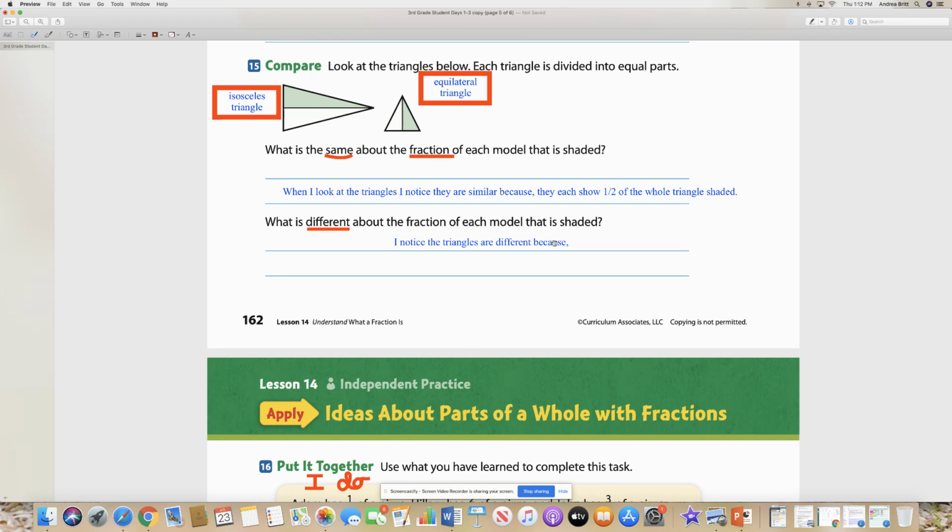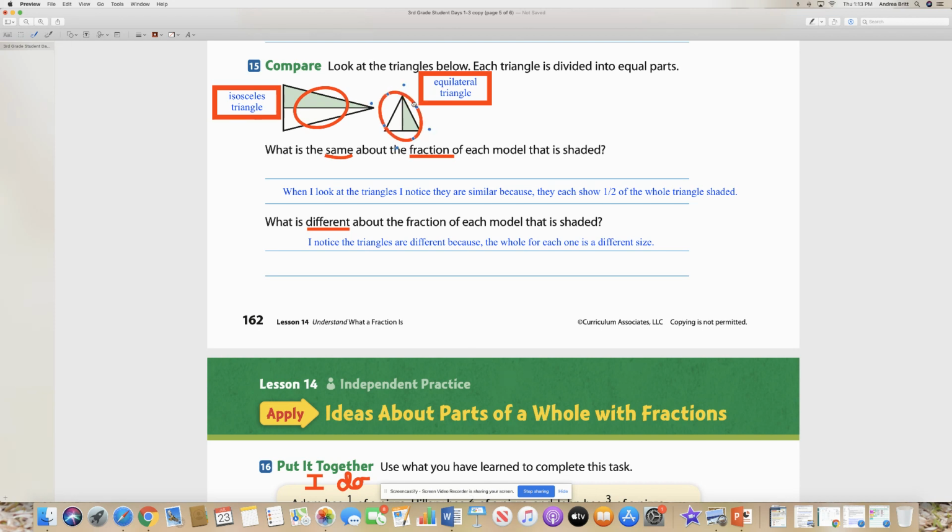I noticed the triangles are different because the whole for each one is a different size. So that means that 1/2 of this triangle right here is not going to be the same size as 1/2 of this one.